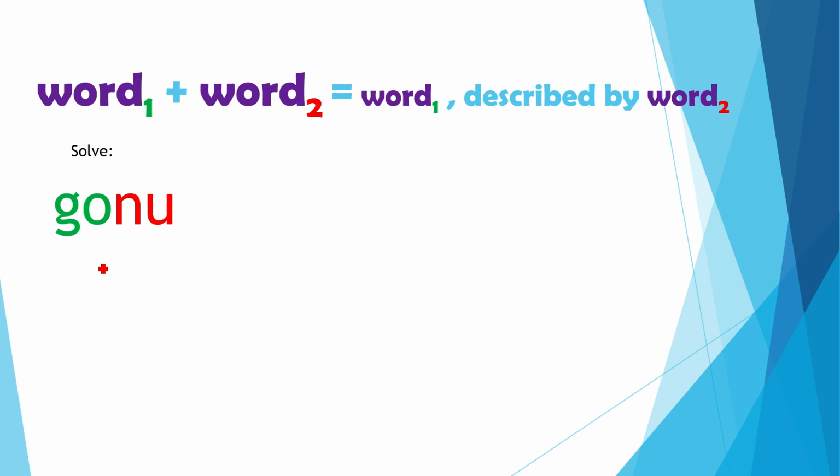We were describing the noun with something. Now we'll consider more interesting examples. Now we're going to describe verbs. Because go actually means go, and nu means inside.